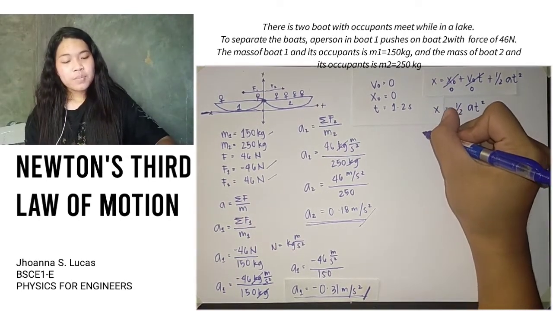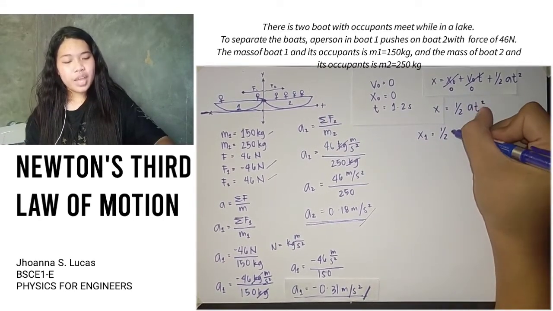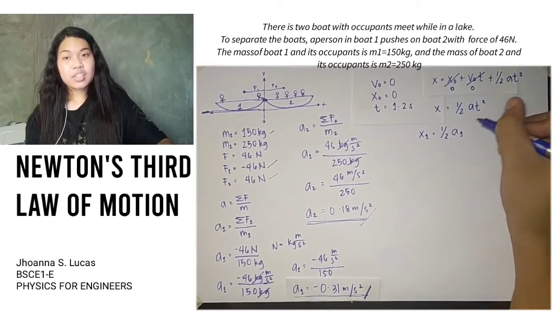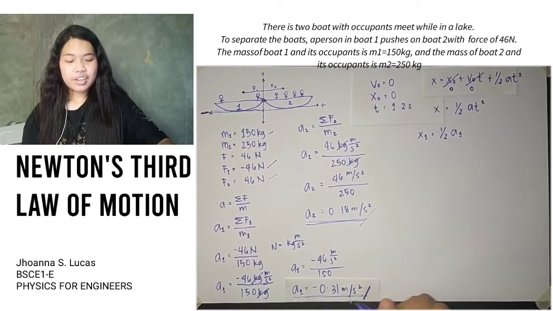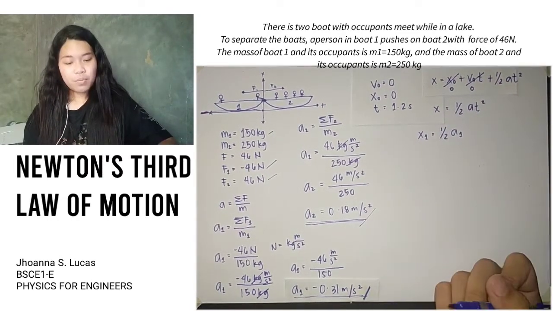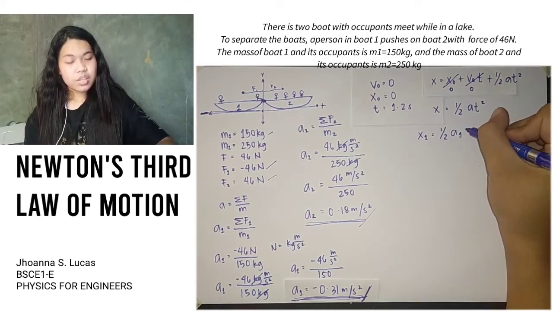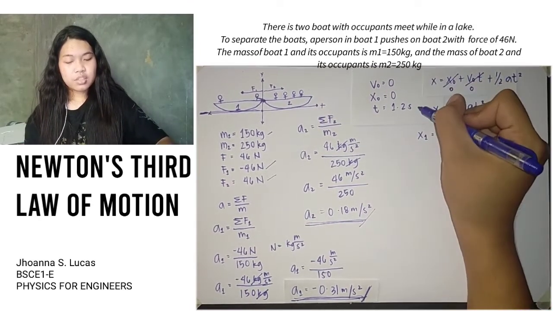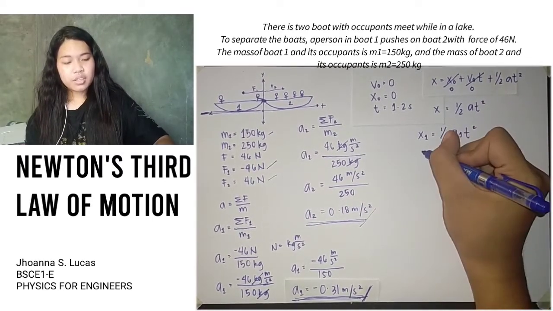So x sub 1 for boat 1 is equal to 1/2 times a sub 1, which is the acceleration in boat 1, which we got earlier, where a sub 1 is negative 0.31 meter per second squared, times t, which is the given time for letter B. So let's substitute it.